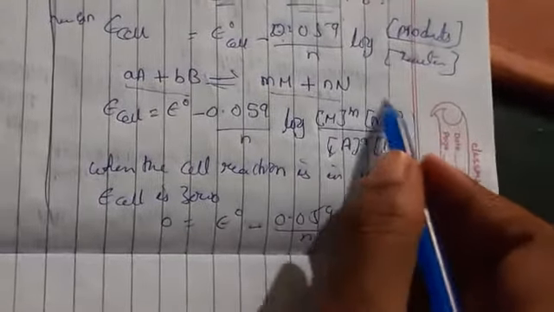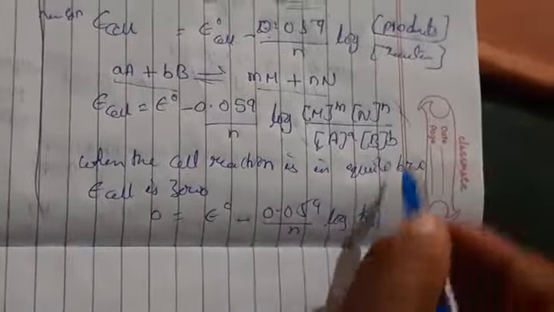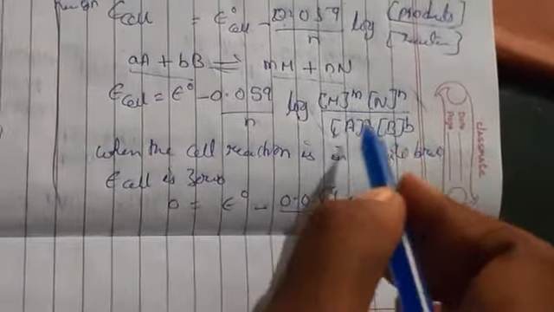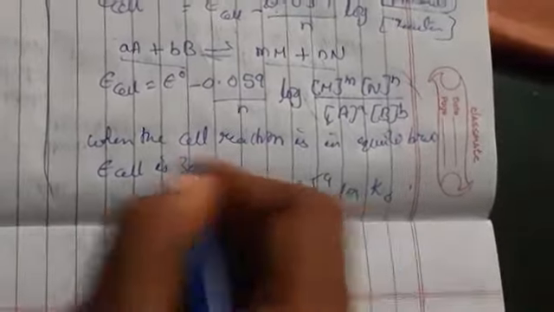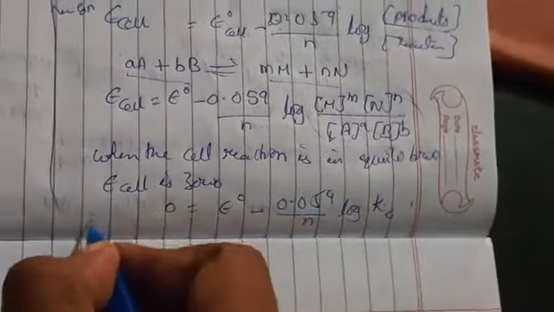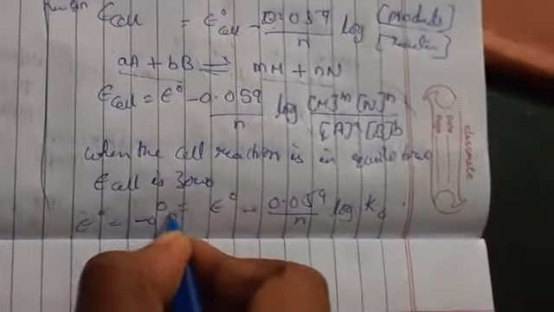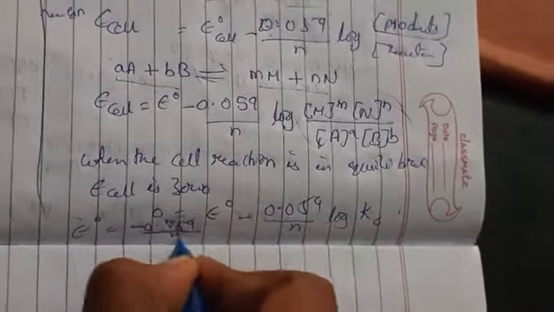This completely we have taken as Kc. We have taken the coefficients, the concentrations of reactants and products, in this one. So then you will get E naught is equal to 0.059 by n into log Kc. So this is the equilibrium constant for the Nernst equation.